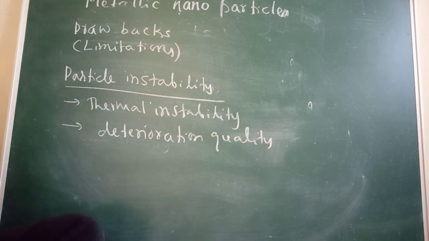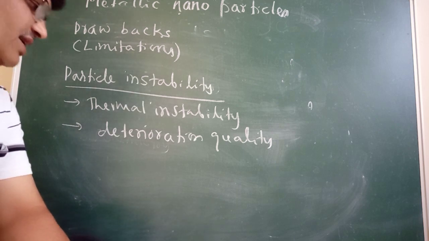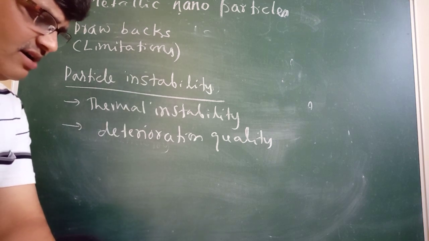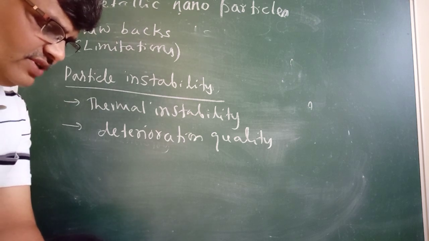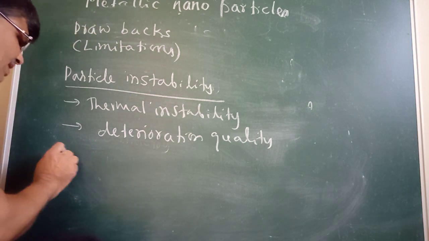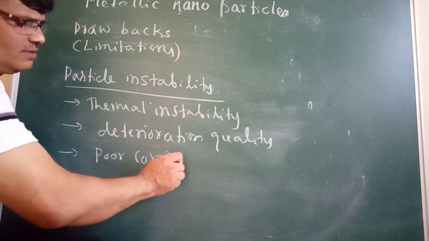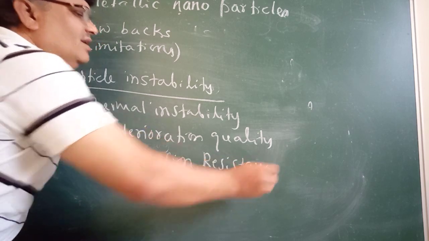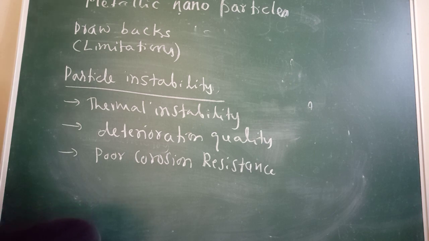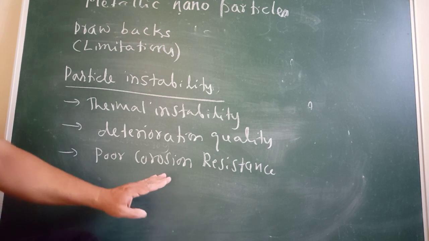The size of the nanoparticles is not stable, so there is a possibility of immediate reaction with any material. Here there is also poor corrosion resistance. Immediately it corrodes. Why? Because of dangling bonds, they get oxidized, converted to oxide of that particular metal.